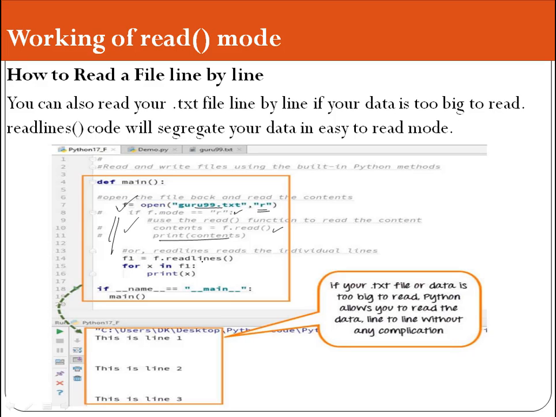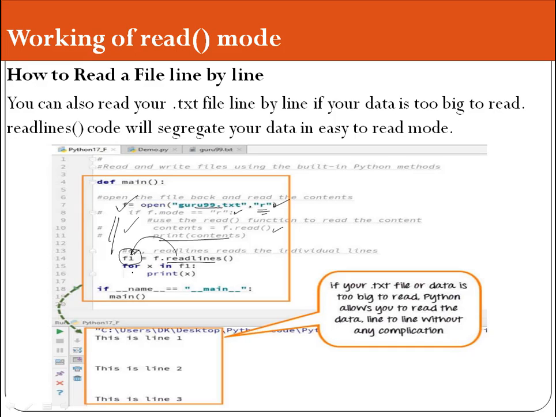Now if you want to read line by line, here you have a variable f1 in which the lines will be read by using the method read lines. f was the file object that we have opened over here in the read mode. By calling the method read lines, you are reading the lines, and they are being stored into the variable f1.